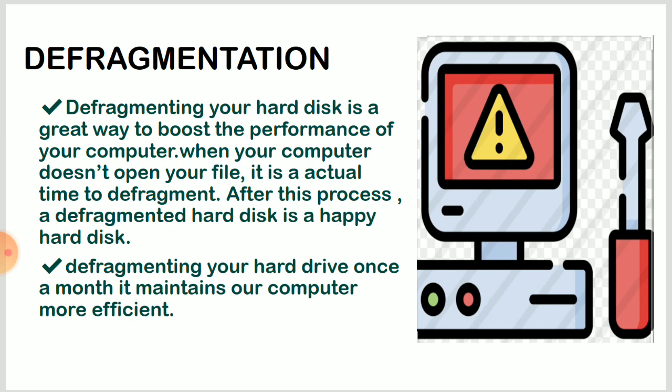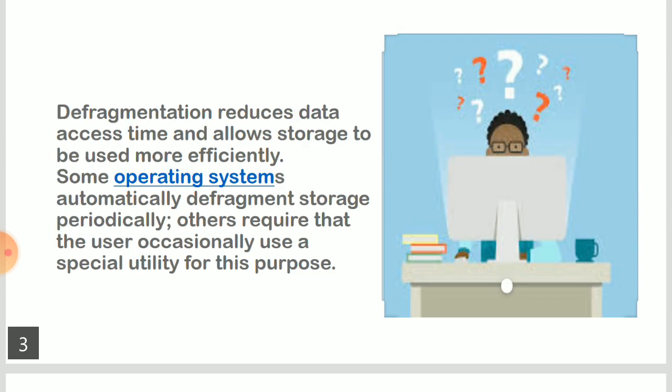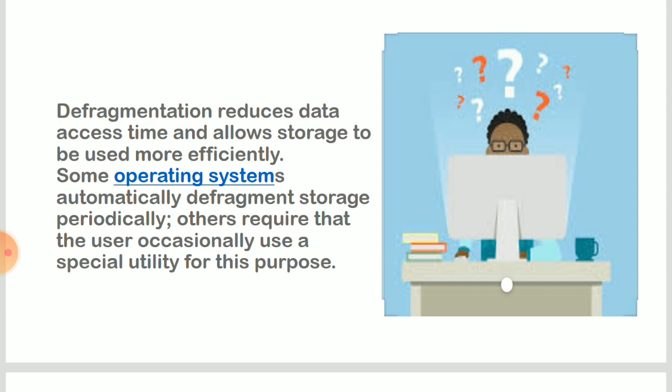After defragmenting your computer, it works faster. Defragmenting your hard drive once a month keeps our computer more efficient. Once a month, we have to defragment our computer. Then only it can work more efficiently. Defragmentation reduces data access time and allows storage to be used more efficiently.